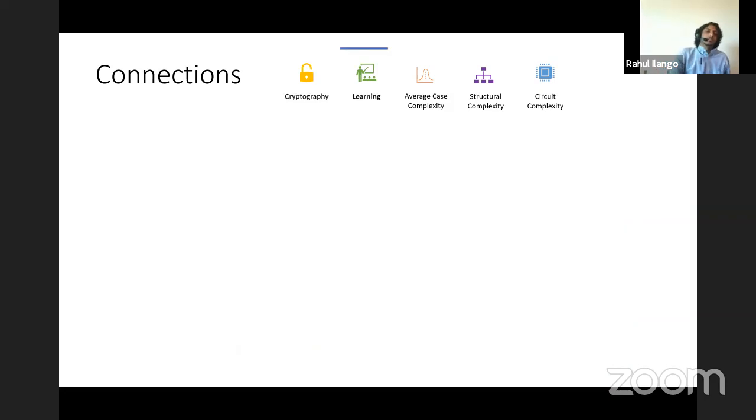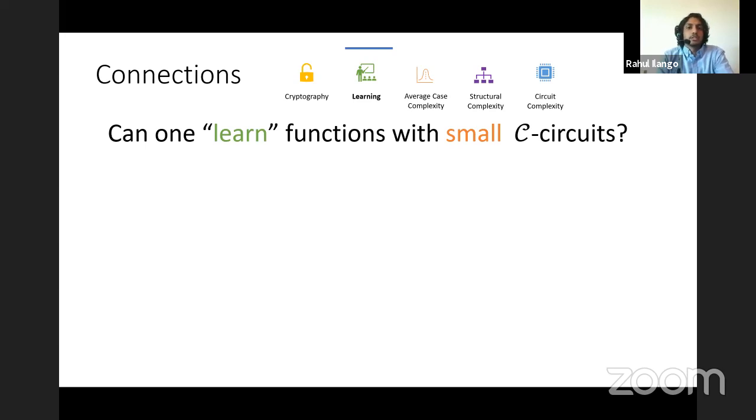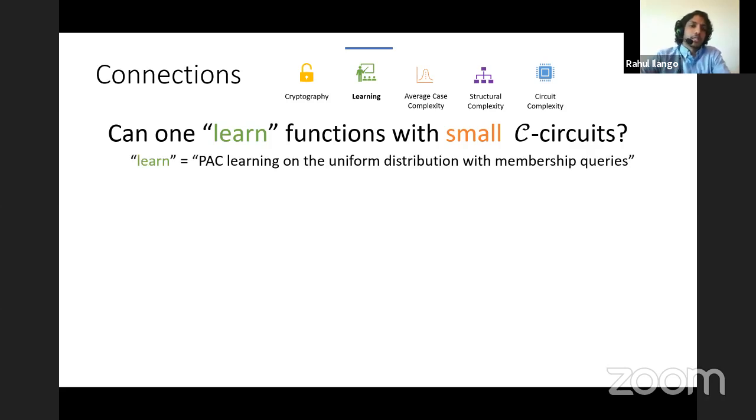Another area that MCSP has a surprising relationship to is learning. A foundational question in learning theory is, when can you learn functions? And can one learn functions when they have small circuits? So what exactly do I mean by learn?